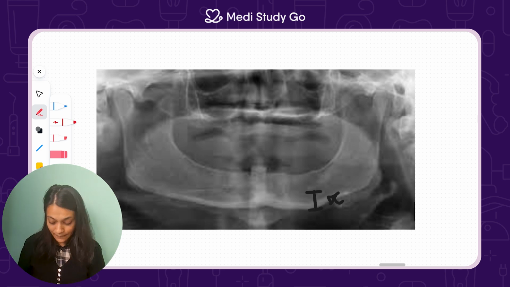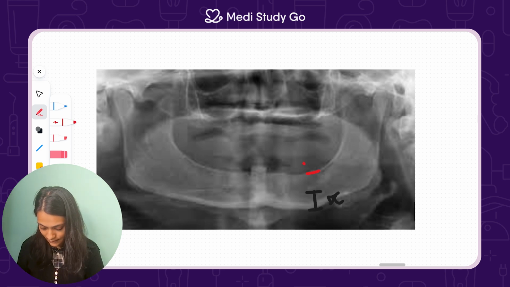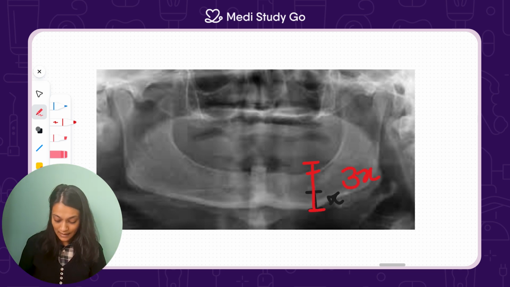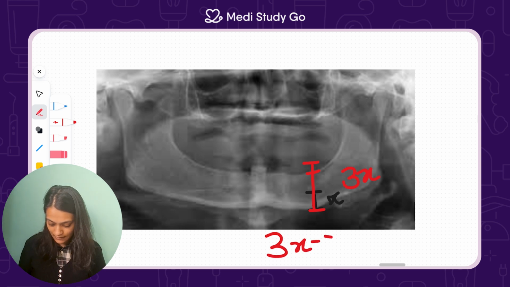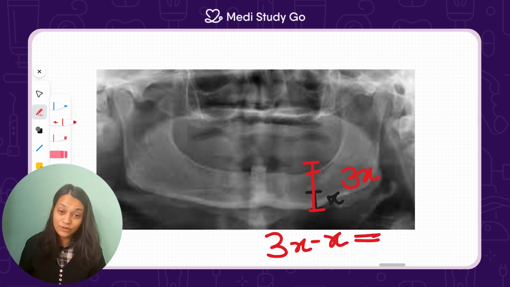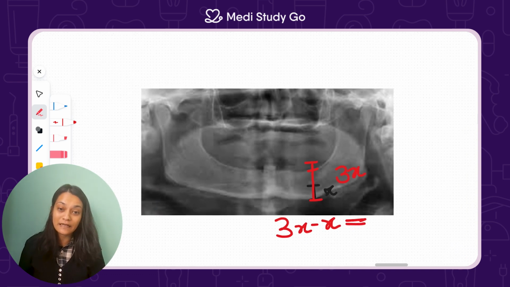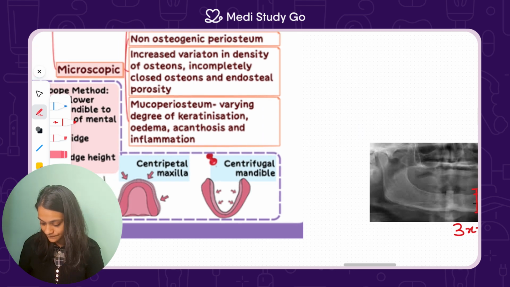So now you multiply this x by 3, which will give you the entire height that was initial. 3x minus x will give you the bone that has been resorbed. And this is how you predict the residual ridge resorption.